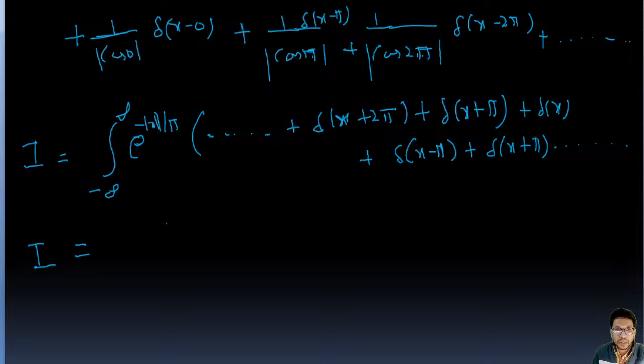Okay guys, I'm going to write it again. So it is going to be the integral from minus infinity to plus infinity. We are writing these together, and this one we can write in this order as well.